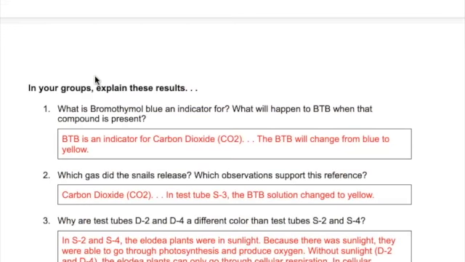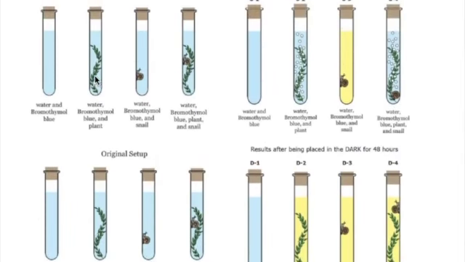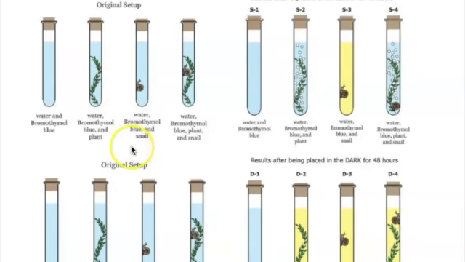Okay, and I know that because if I look at our test tubes, we have this color change for each of our test tubes where there was only a snail. This color change will only happen if carbon dioxide is present.